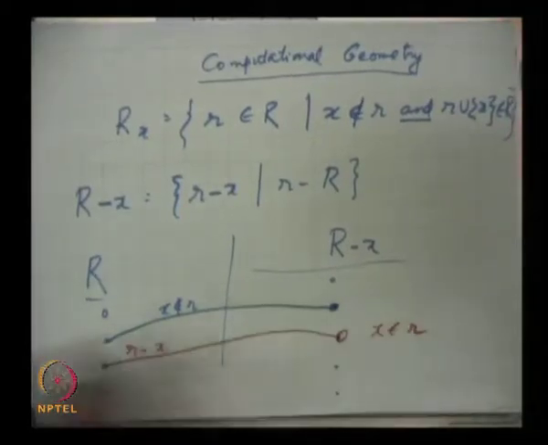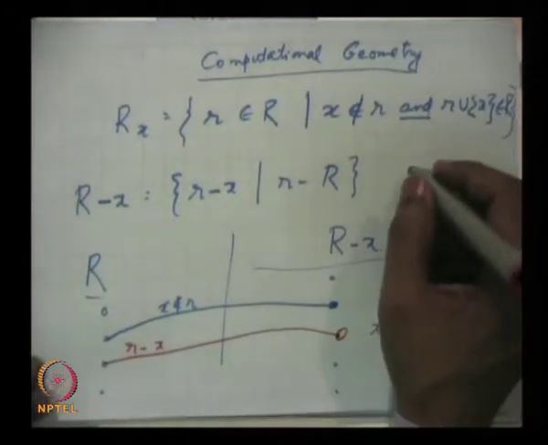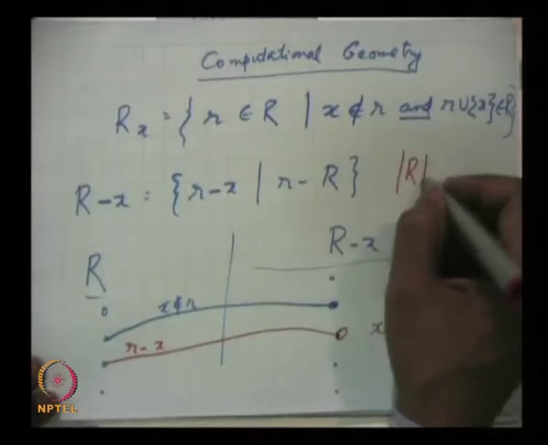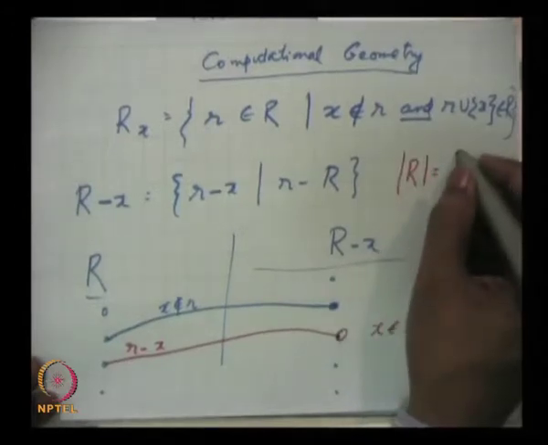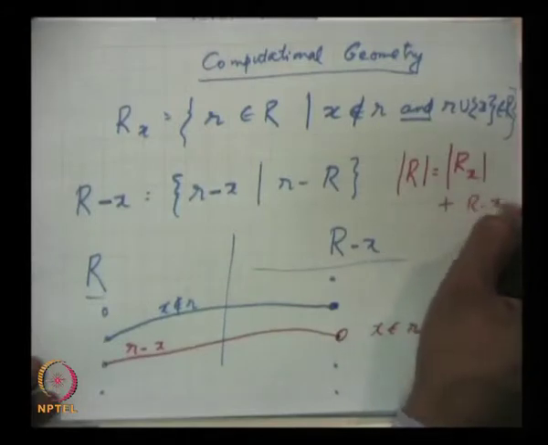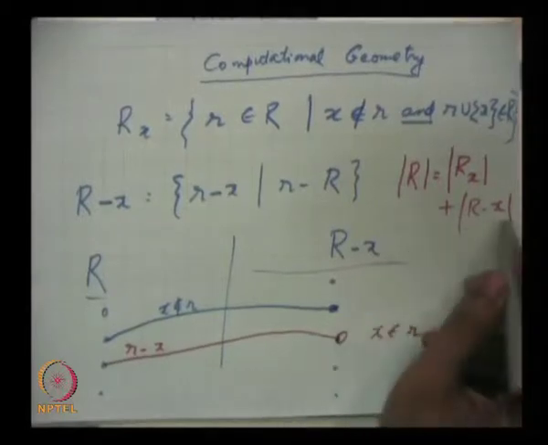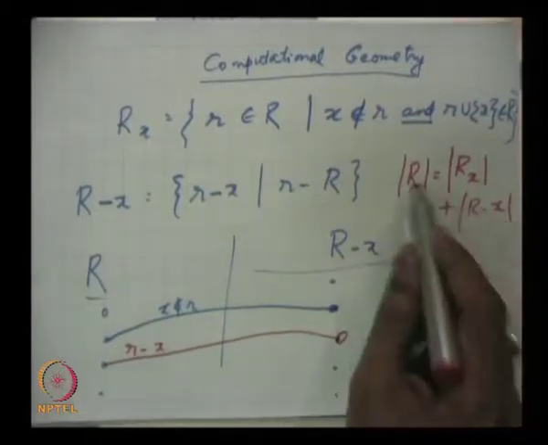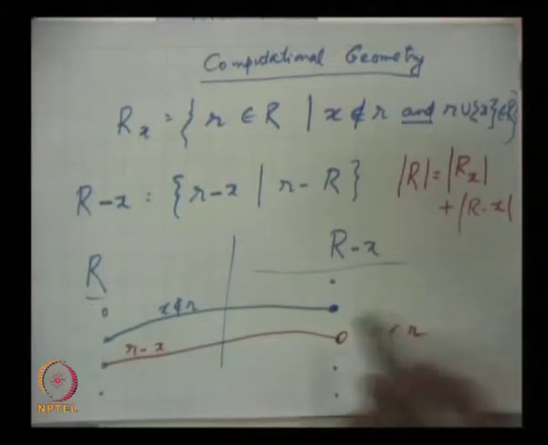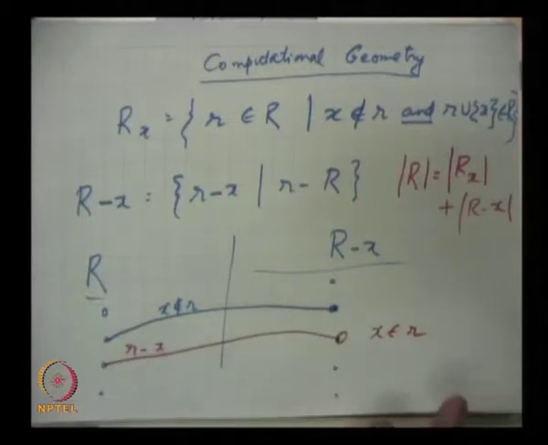Let me tell you what we are trying to do. We are trying to prove this: the number of ranges R is equal to this plus this. So I am now trying to look at the cardinality of R minus X and R. When X does not belong to R, then it has a counterpart.